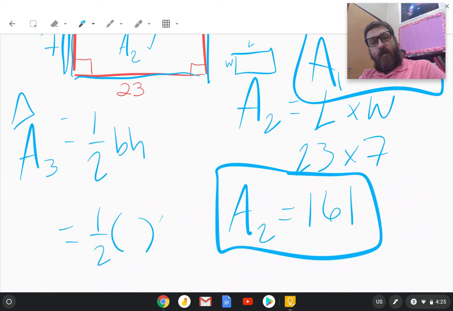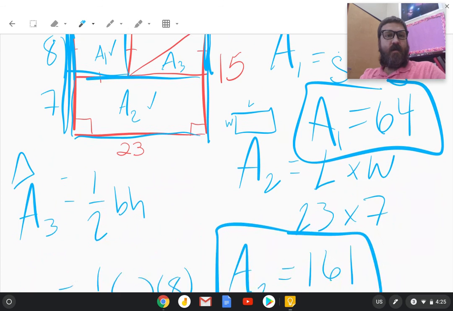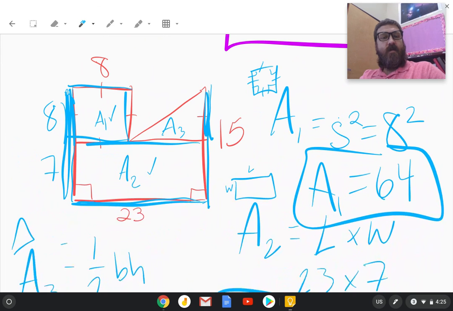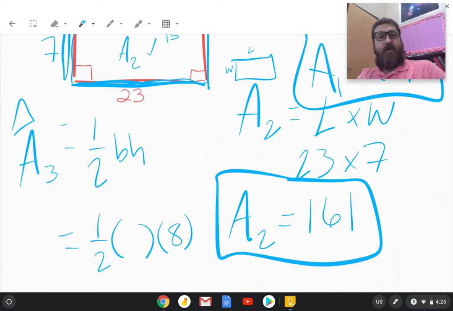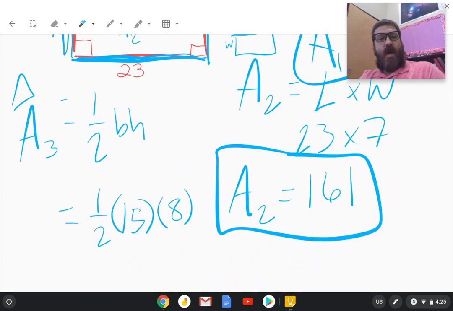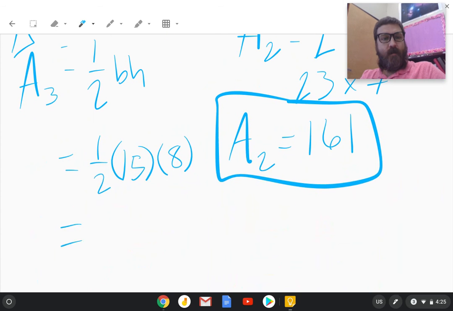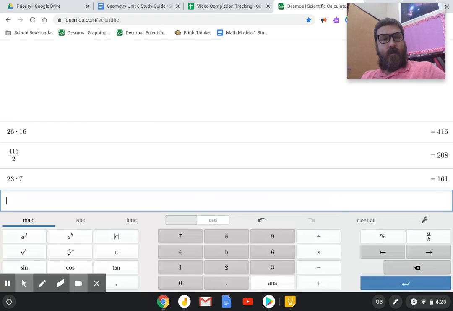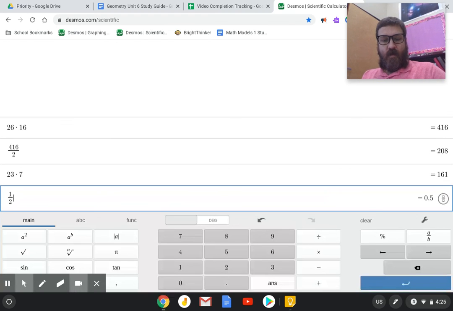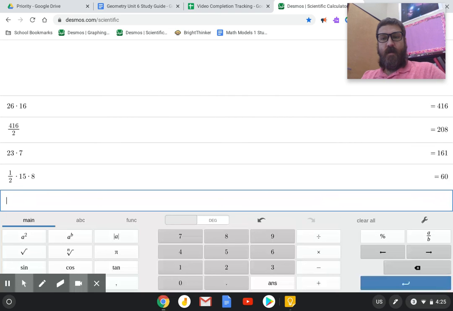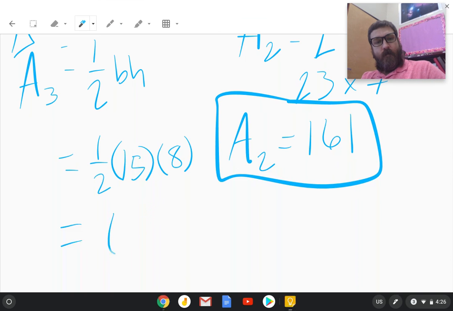We don't know what the base is yet. We do know that this is 23 and this is 8, which leaves 15 for this other part. So this is going to be 15, leaving me with 1/2 times 15 times 8, which gives me 60. That's area 3.